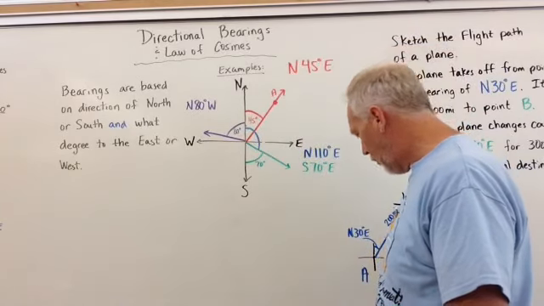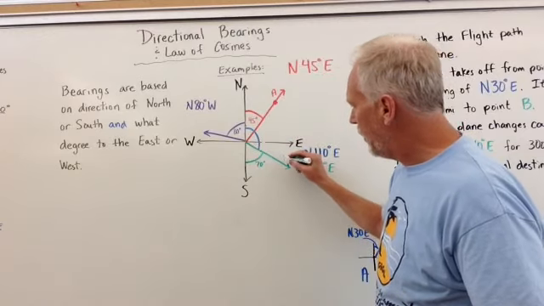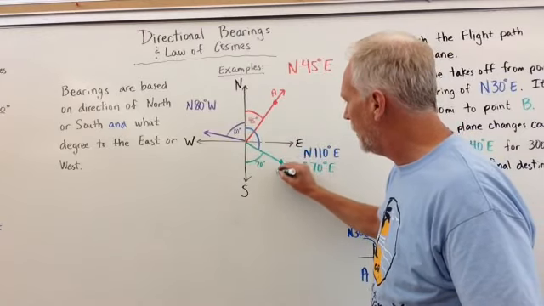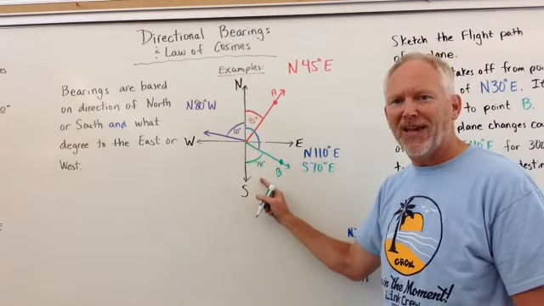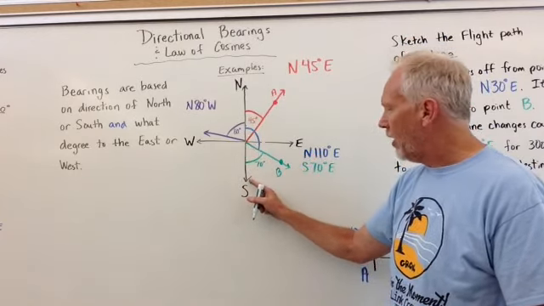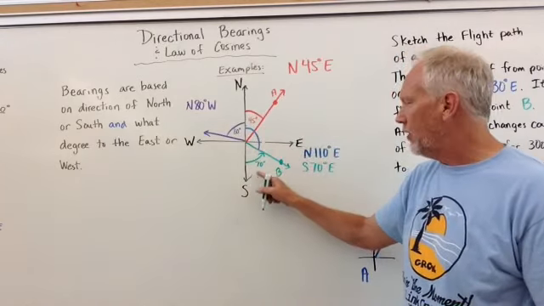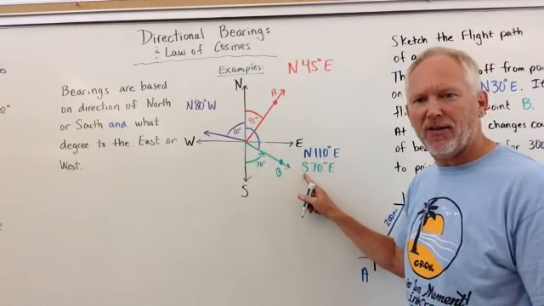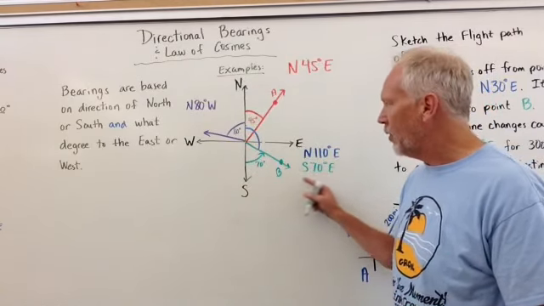Down here, this is point B. If we go from the south, that's 70 degrees up from the south, so that's south 70 degrees east. That's one way to write it.